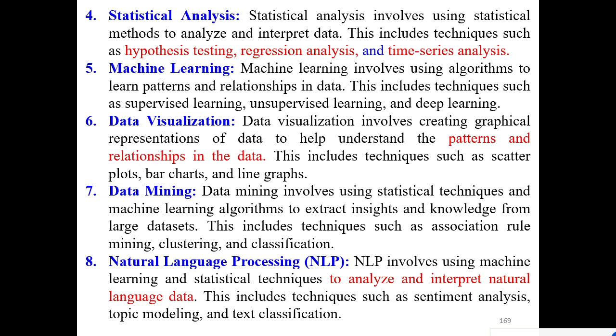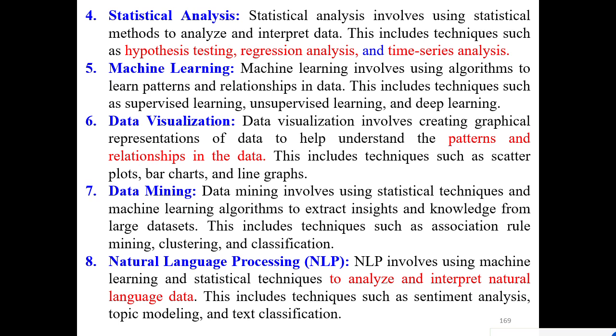In time series analysis, we are performing things like stock market analysis and traffic data analytics, etc.